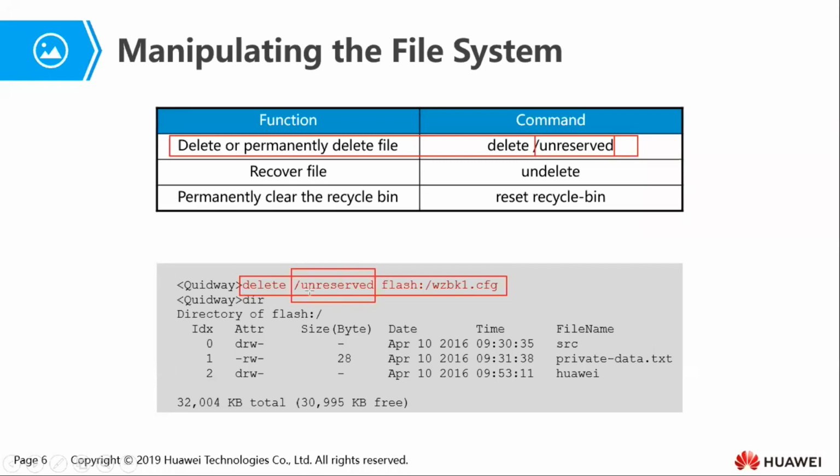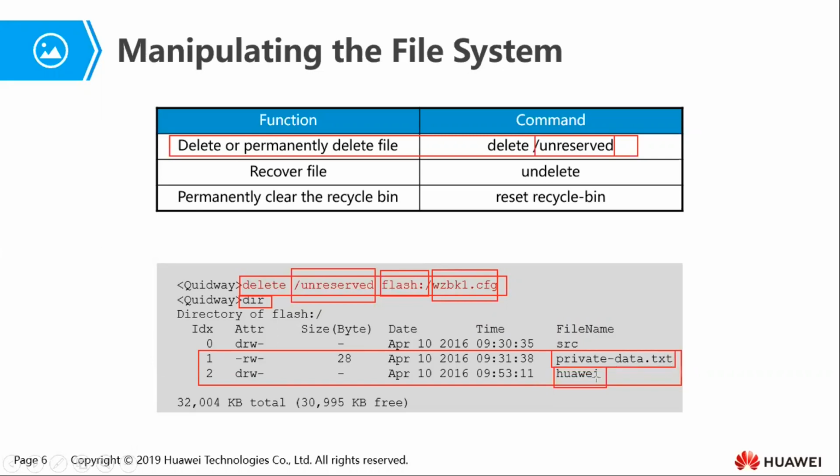So delete space forward slash unreserved, then the location of the file together with the name of the file, wzbk1.cfg. Once we do that, when we do dir, we can no longer see that file. It was our second last file, but now we don't have it. We only have the one we created previously and the one that was above it, the .txt file.